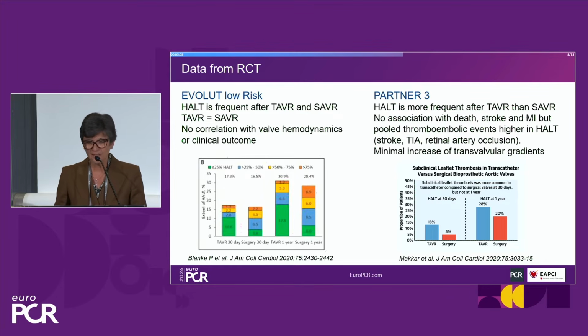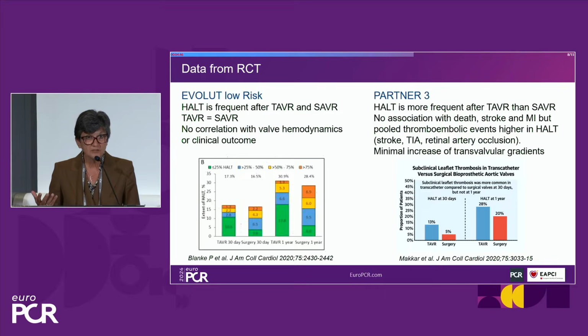On the right part of the slide, you see the result of the CT scan sub-study of PARTNER 3, showing something a little bit different, showing that HALT is more frequent after TAVR than after SAVR, especially at 30 days, so the difference is reduced at 1 year.